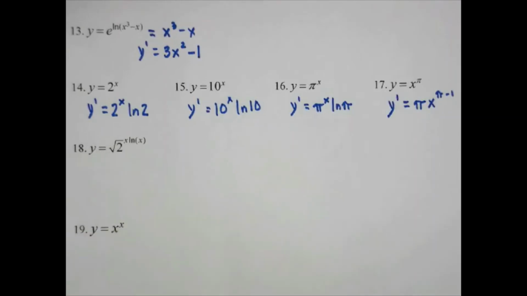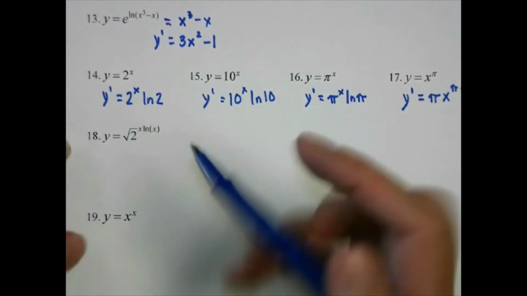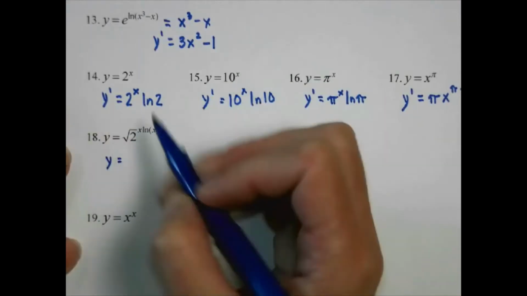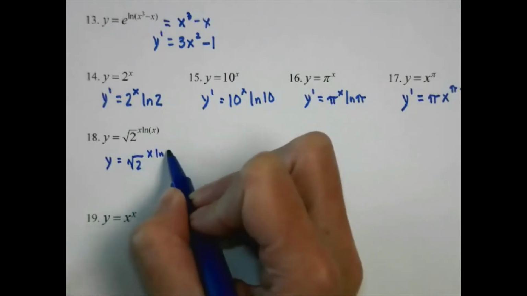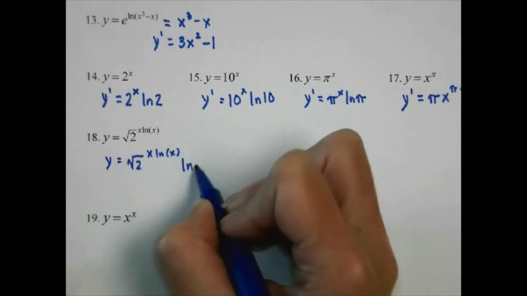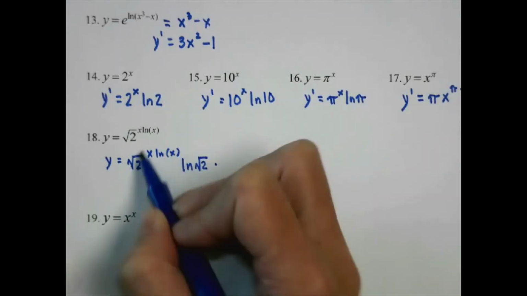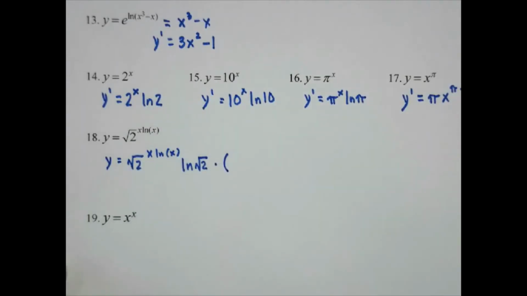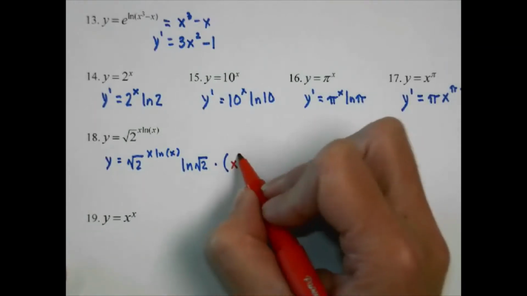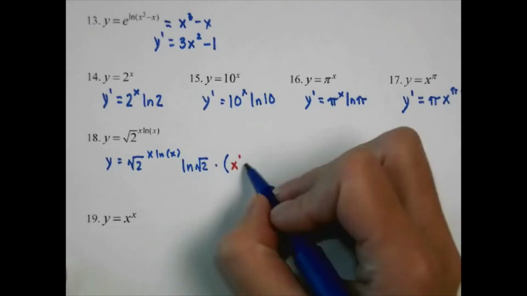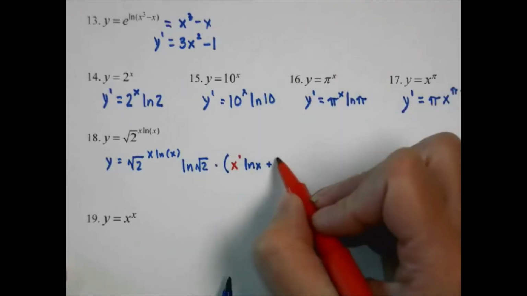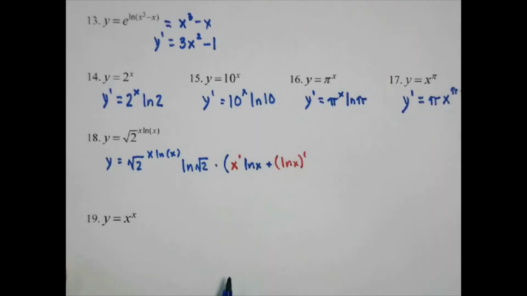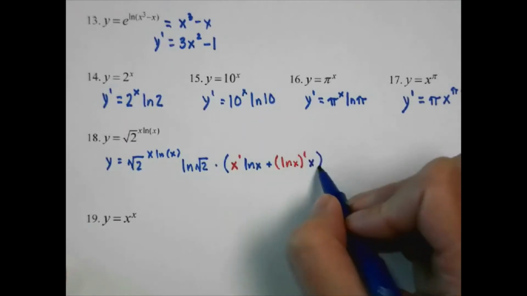So let's just do one more here with the chain rule involved. So this is going to be square root of 2 to the x natural log of x times the natural log of root 2 times the derivative of the inside, which in this case is x natural log of x. So that's going to be x prime natural log of x plus natural log of x prime times x.